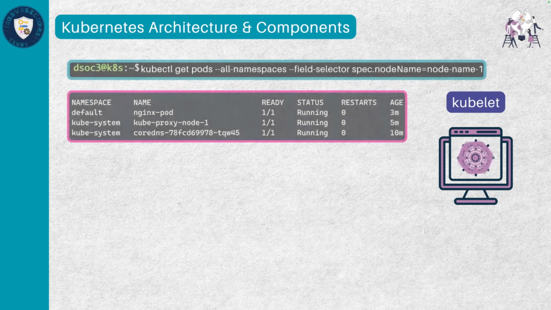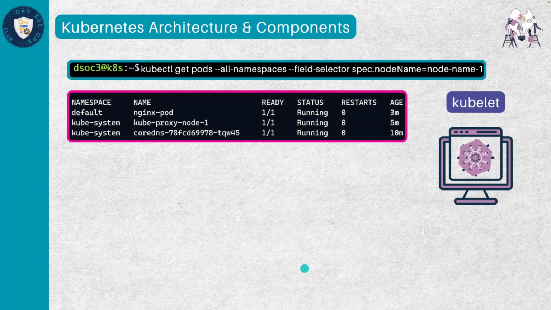If I want to see the pods, I run kubectl get pods --all-namespaces --field-selector spec.nodeName=node-name-1. This shows all the pods running on node-name-1. I just gave a name here, so you can give any name, whatever the name of your node is.